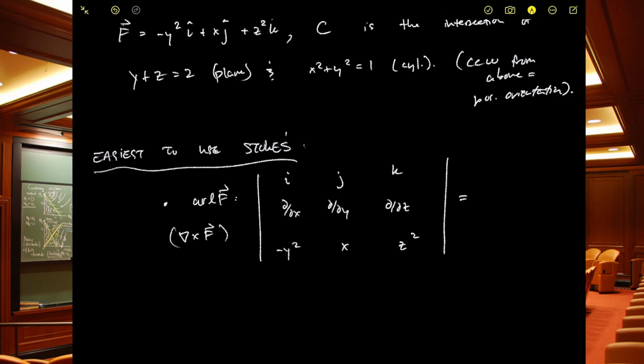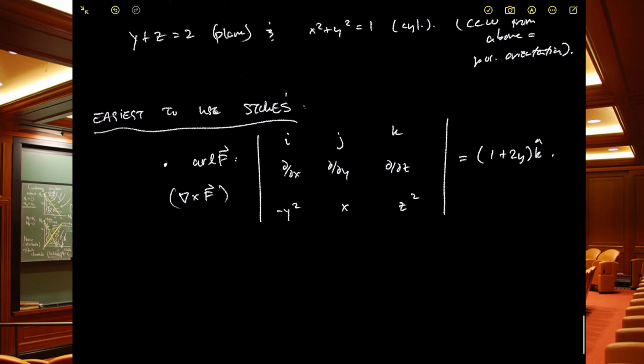So what this ends up being is 1 plus 2y k hat. We get a few zero components in there. And so our curl, a vector field, is given by 1 plus 2y k hat.